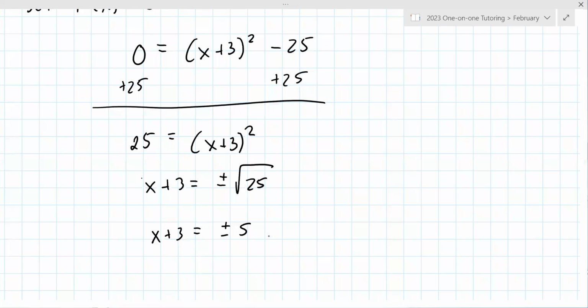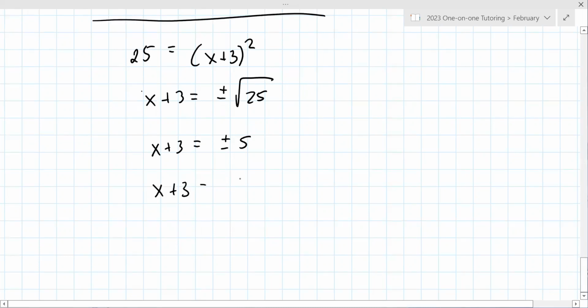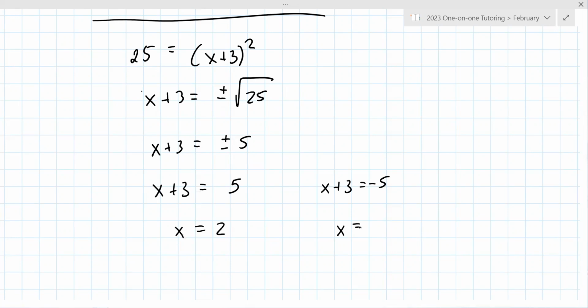Right, that turns into x equals 2 and x equals -8.